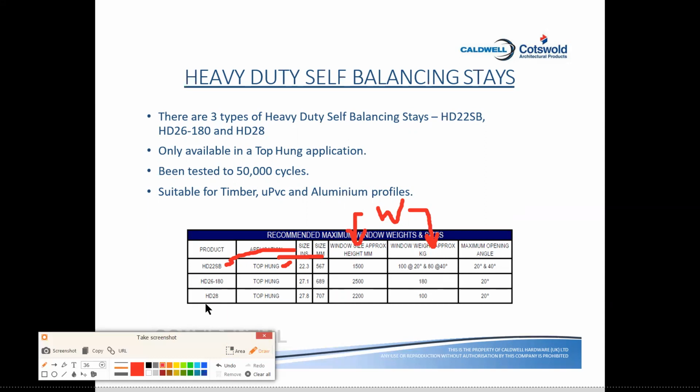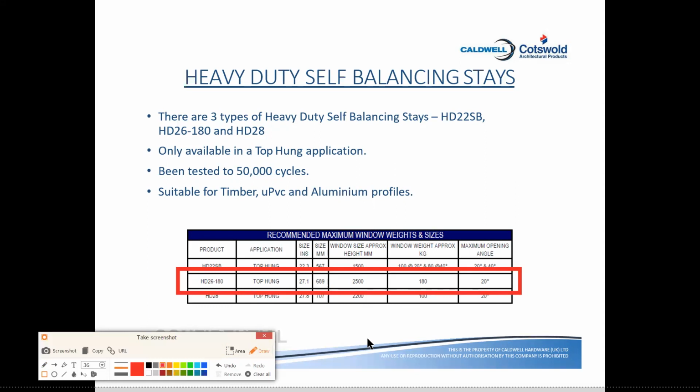This is HD 28 inches arm used in top hung. Maximum height you can go up to 2.2 meter, 100 kgs of weight possible, 20-degree opening is possible. And last in the category and most important and highest among the industry standards is HD 26 180 arm used in top hung.